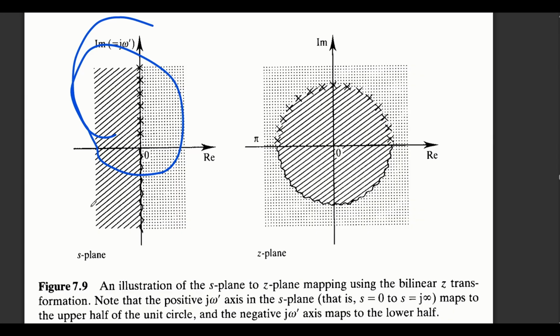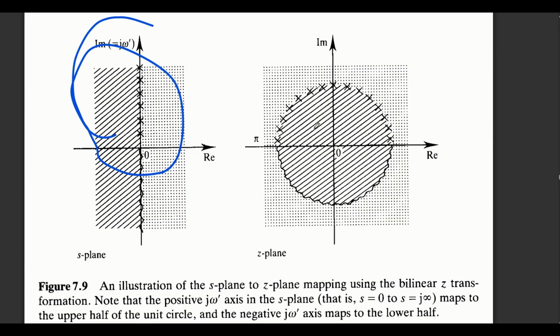But this same S plane, when it's for the analog domain, and when you conceptualize it in the digital domain, you have to skew all this left region, all this left plane, into this unit circle in the digital domain, right? And that's the whole process of the bilinear filter design.